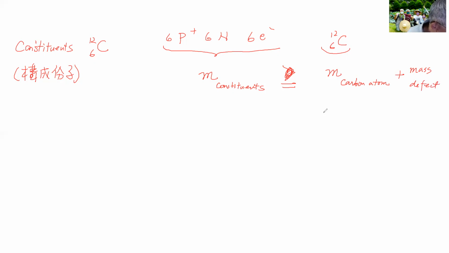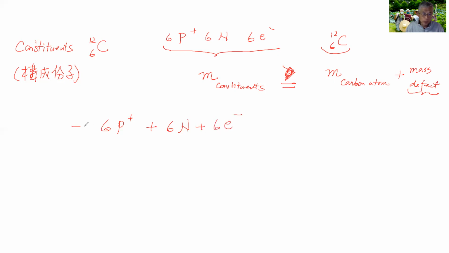So the constituents, right? Okay. So there's a difference there, and I'm not going to go into the actual number here, and that difference is called mass defect, right? So what does that mean? It means that if I have 6 proton, and then I added the 6 neutron, okay, and then I have the 6 electron.